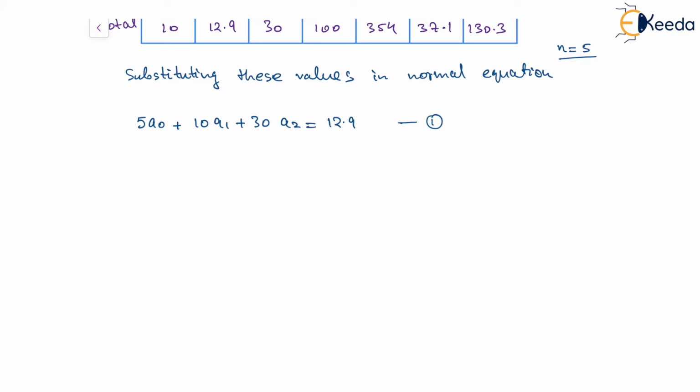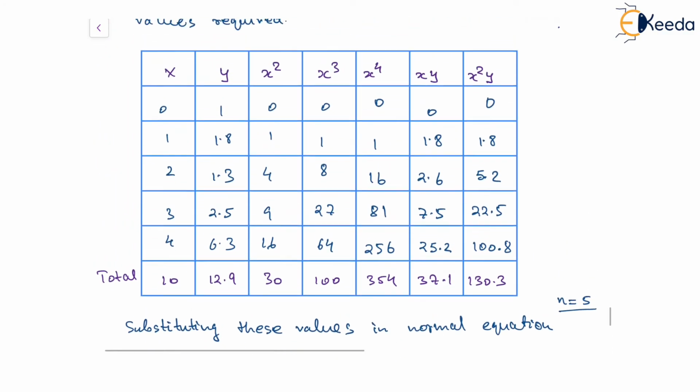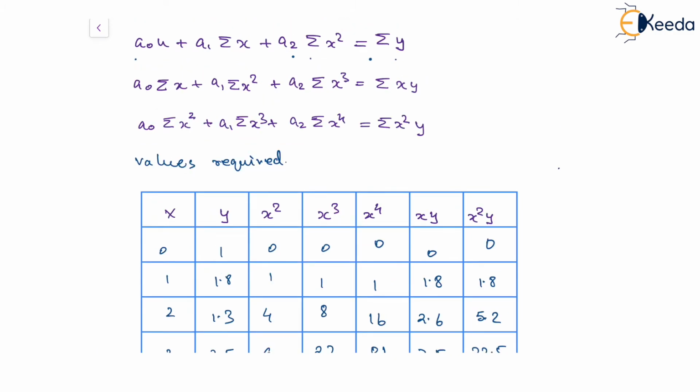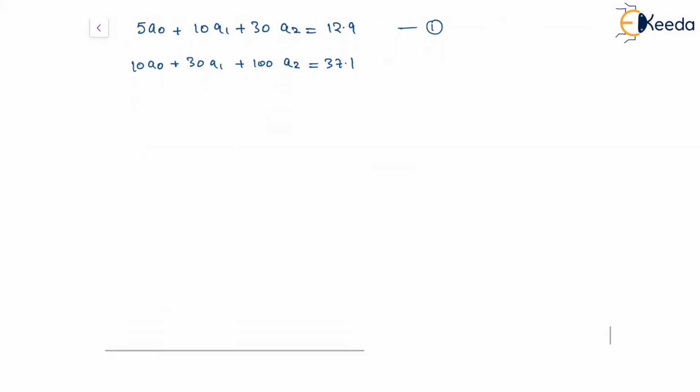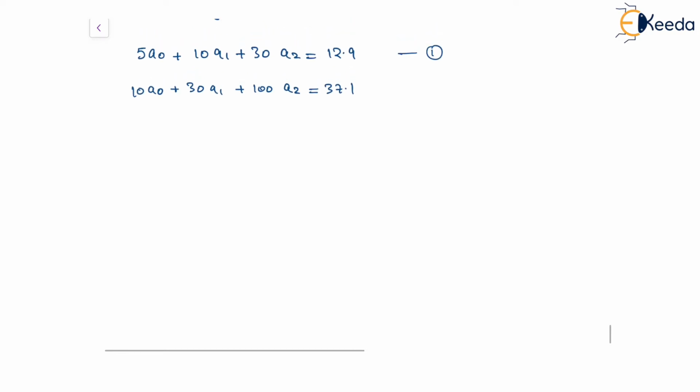The second equation will be 10 times a naught plus 30 times a1 plus 100 times a2 equal to 37.1. This is coming from the equation a naught times summation of x, a1 times summation of x square plus a2 times summation of x cube equal to summation of xy. So this is our second equation.